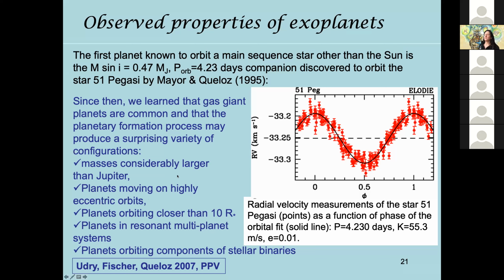They found that the planets move on highly eccentric orbits, much higher eccentricities than our solar system, which is close to zero.